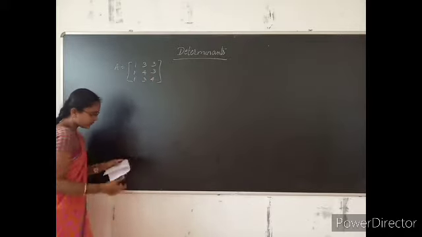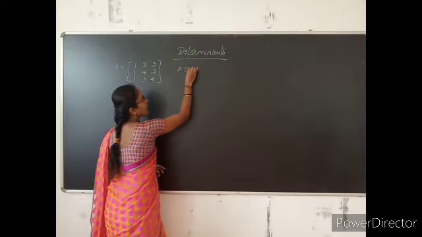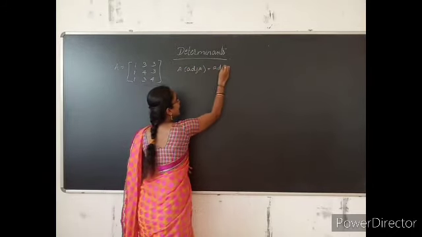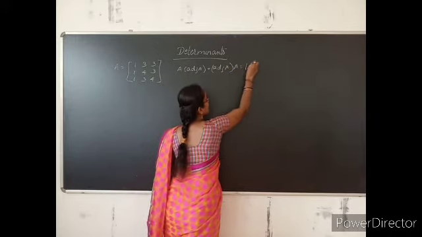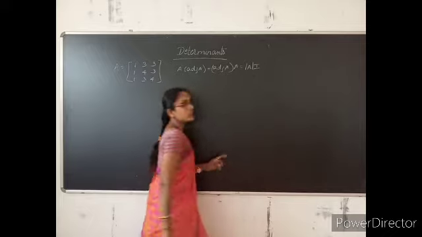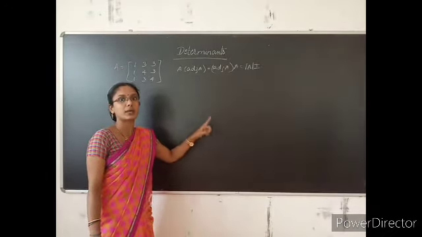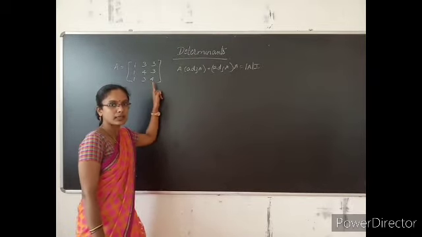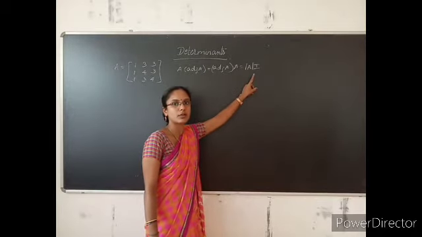Then verify that A into adjoint A is equal to adjoint A into A, which is equal to determinant of A into I. Here I is the identity matrix of order 3 by 3, because A is a matrix of order 3 by 3.